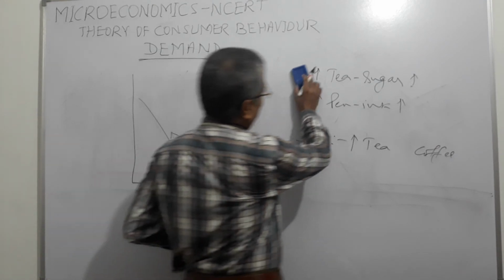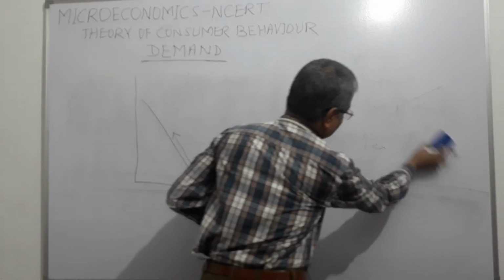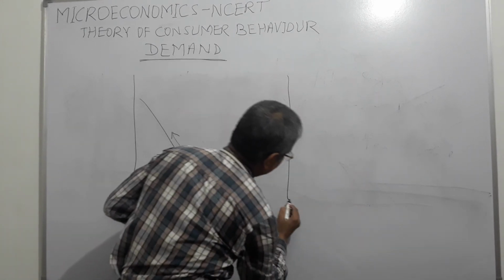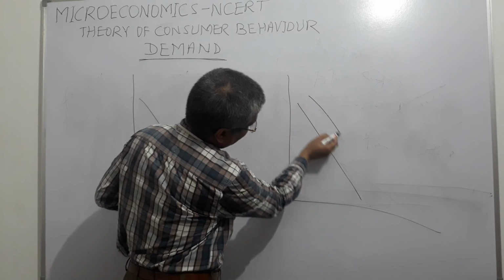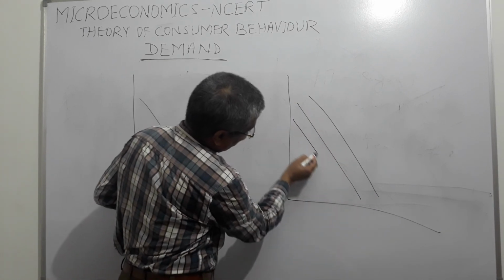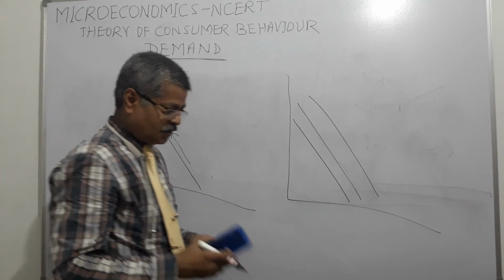In respect of all other factors, the demand curve shifts. If it is here, either it shifts rightwards, outwards, or leftwards, inwards, right?